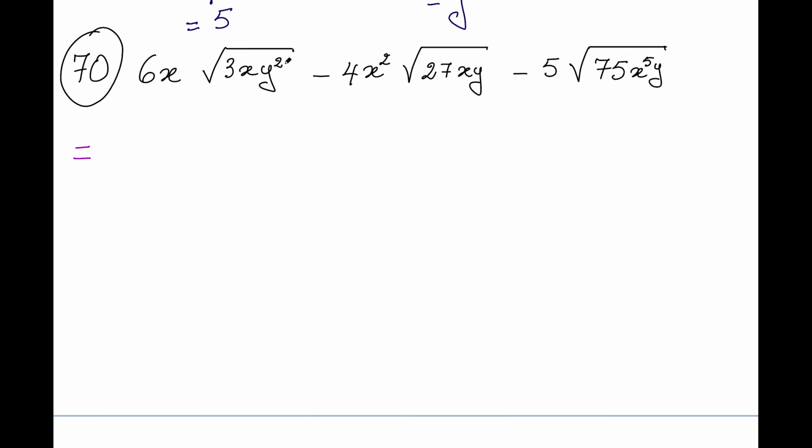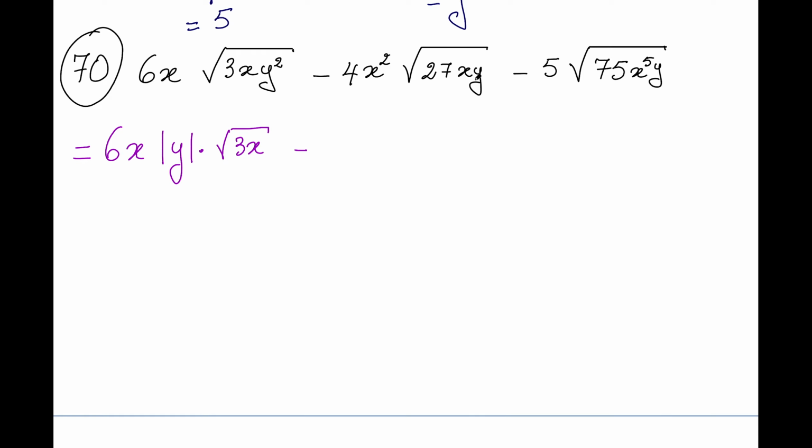Similarly for x. Oh, y squared is not simplified, so I can simplify this guy. So I get 6x times the absolute value of y times square root of 3x minus the x and y here.